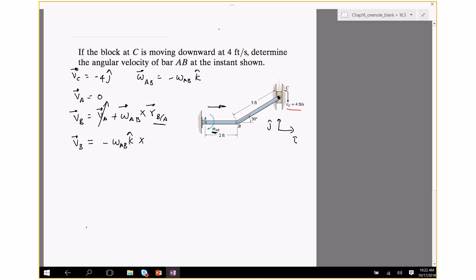It's going to be along the I direction. So magnitude is 2, direction is I, so 2I.